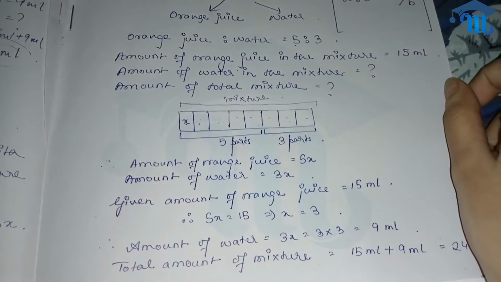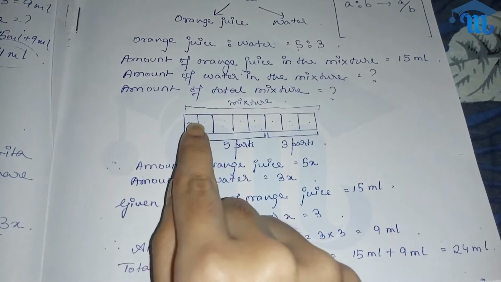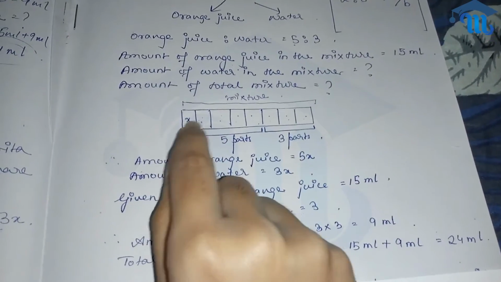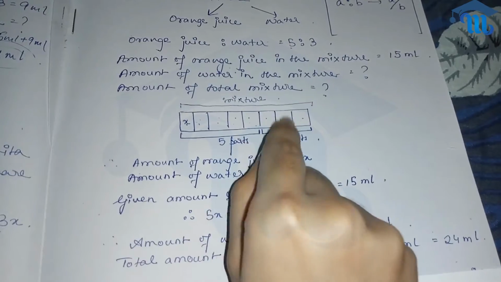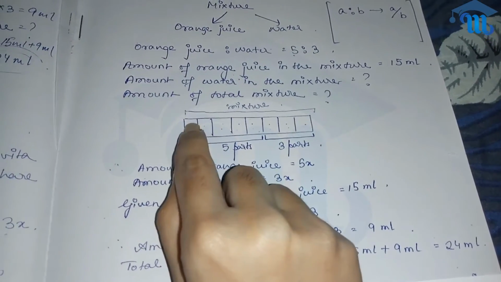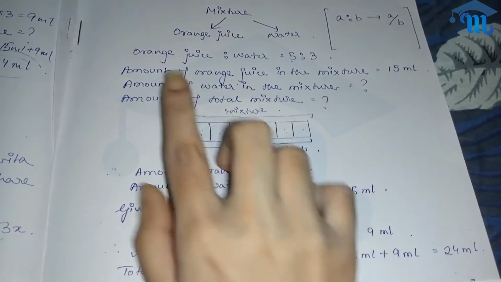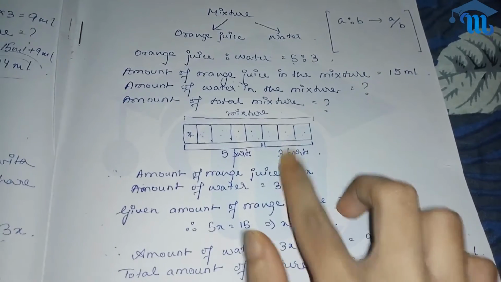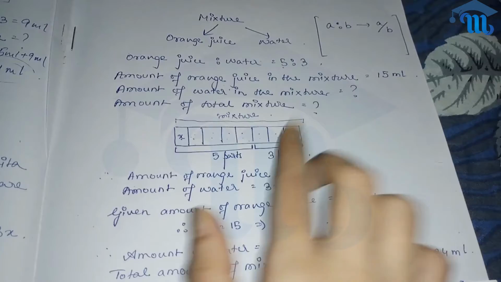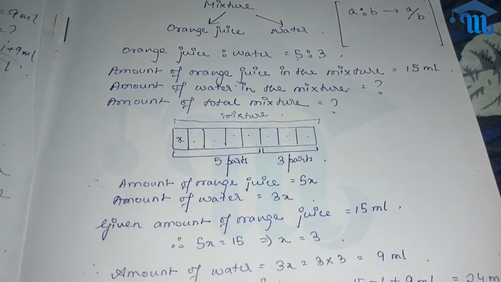Okay, clear? Now suppose the amount of each part is x. You have divided all the parts into equal amounts, so the amount of each part is x. So in this mixture where there are 5 parts of orange juice and 3 parts of water, and each part is of amount x, what is the amount of orange juice?